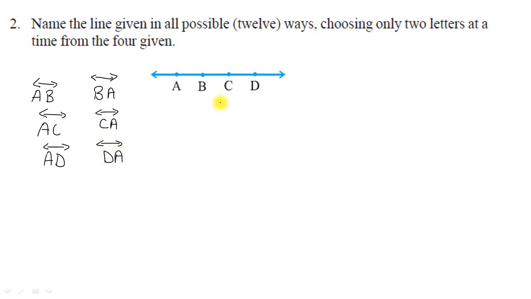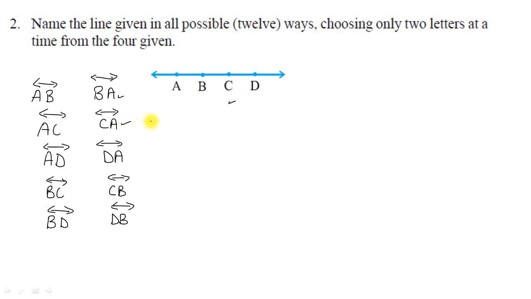Now let's start with B. So first will be BA, right? And BA we have already mentioned. So next will be BC and then BD. So the another way we can write BC as CB and BD as DB. Now let's start with this C. So the first will be CA.